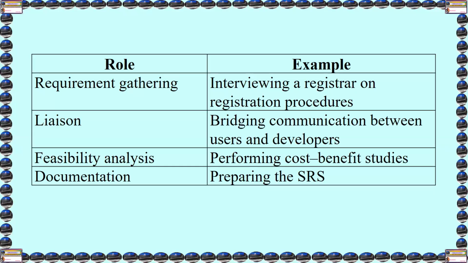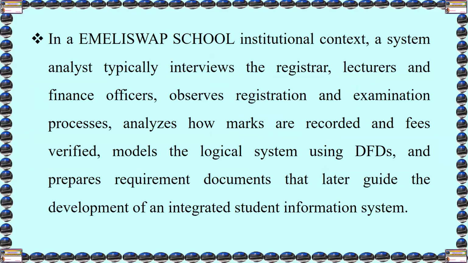It entails performing cost and benefit studies. Number 4 is doing documentation. Which documentation is key? It is preparing the system requirement specification. So those are the main roles of a systems analyst in summary. But note, this is just a summary. There are many activities that a systems analyst does.